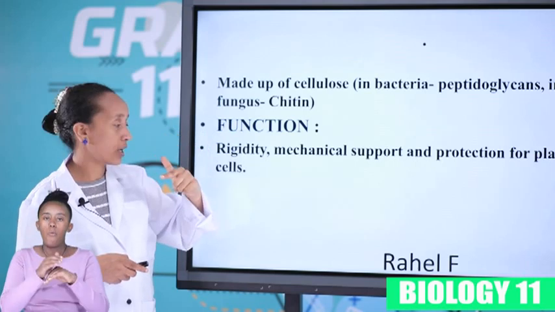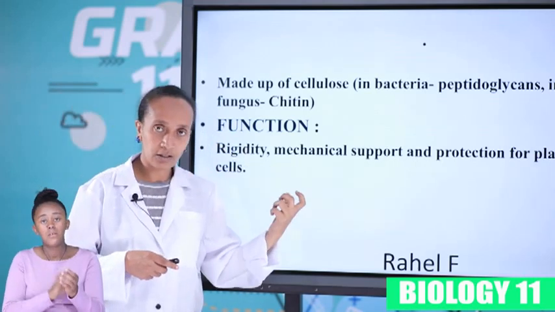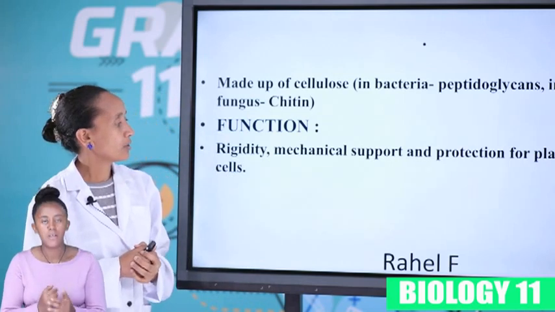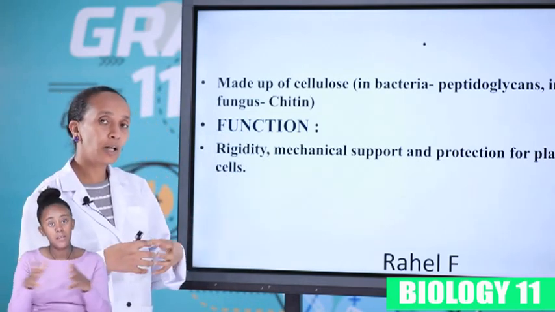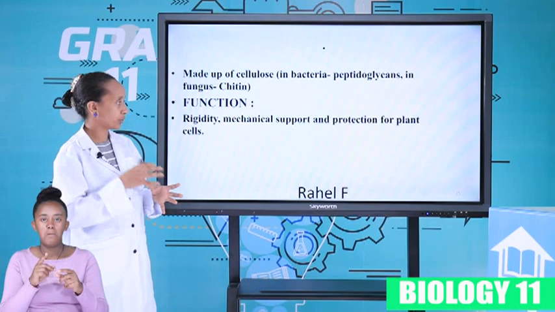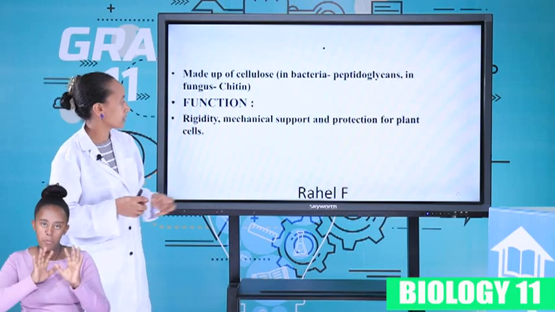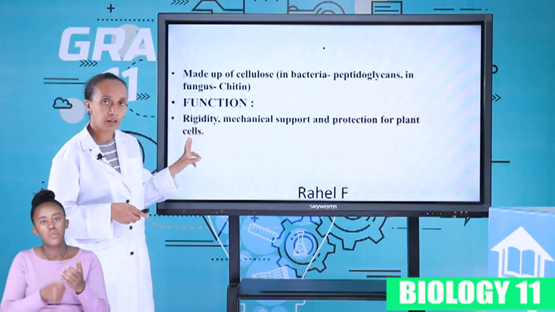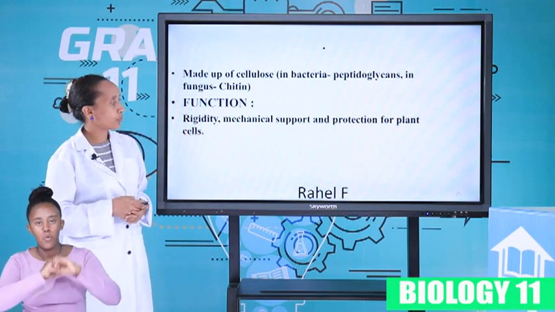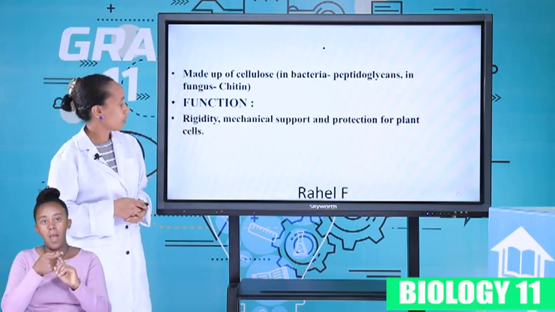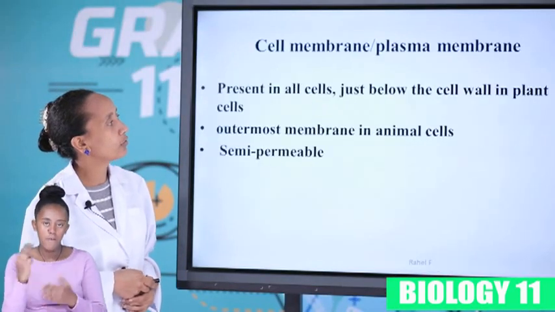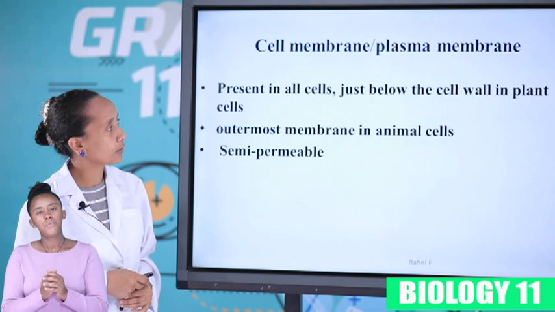Why? As I have said, cell wall is elastic in nature, mainly cellulose cell wall. Due to this elastic nature, it cannot break due to pressure from inside. It gives mechanical support and protection for plant cells. These are the functions of cell wall.